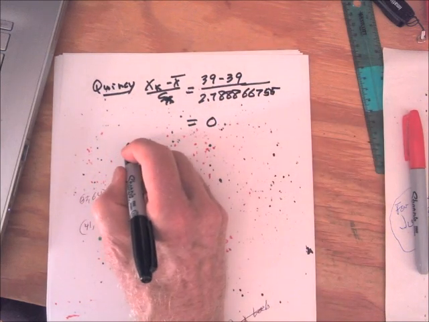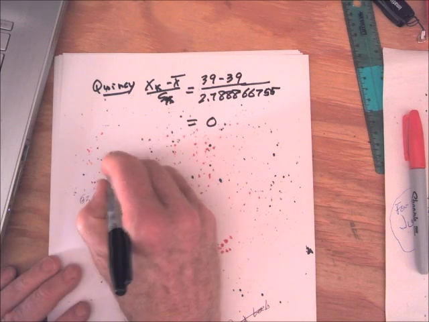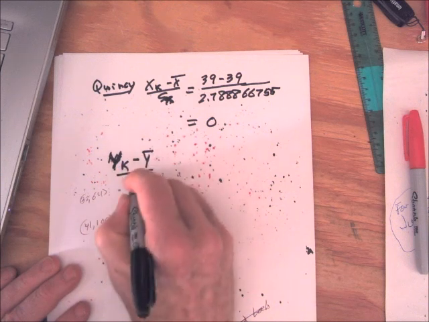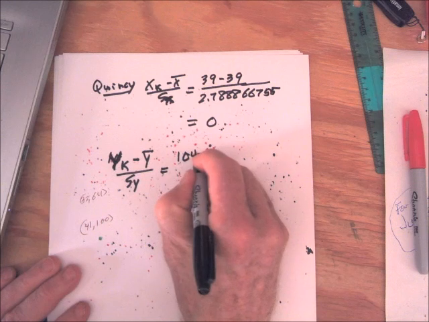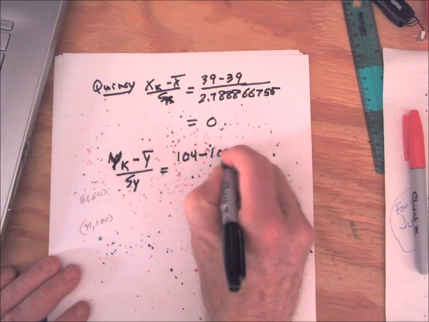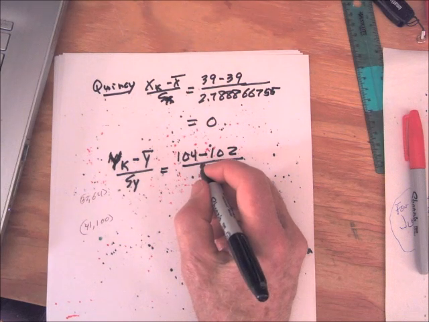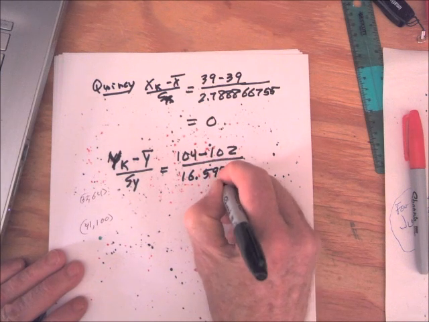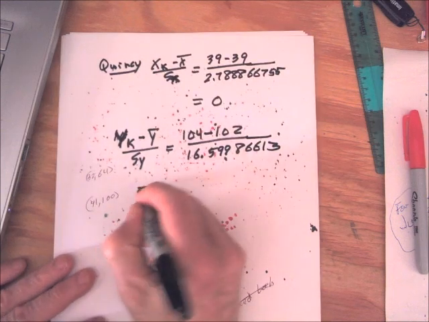And then Quincy's z-score for weight. Quincy's weight was 104, so we want yk minus y bar over sy, and that's going to be 104 minus, the mean was 102, divided by the standard deviation for y, which was 16.599866613.